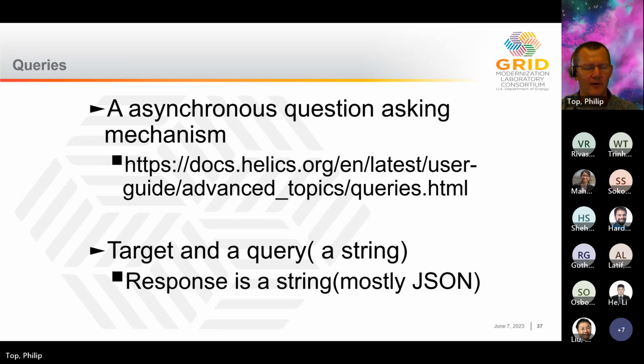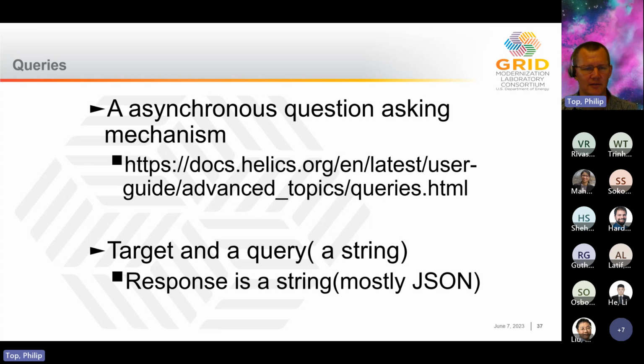And there is a callback mechanism that allows federates to specify additional answers to particular queries. So if you know of this, you can ask questions about that federate and get some information. This is quite useful for setting up a co-simulation and for debugging a co-simulation.